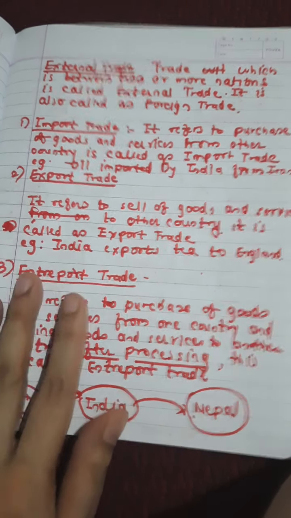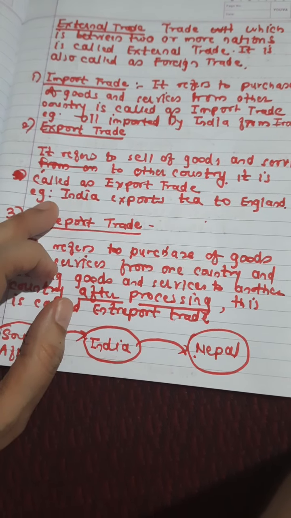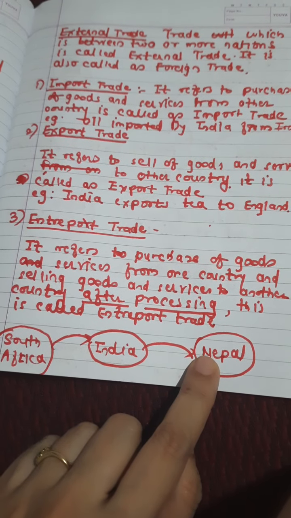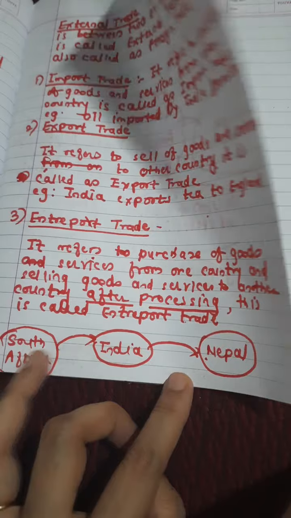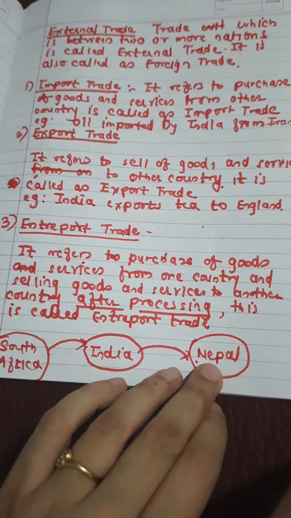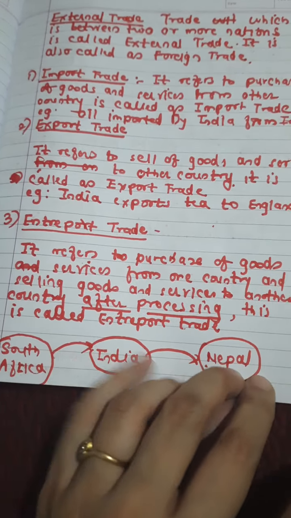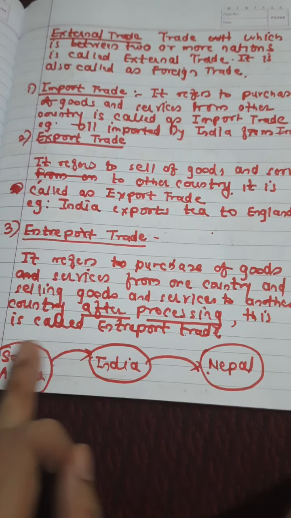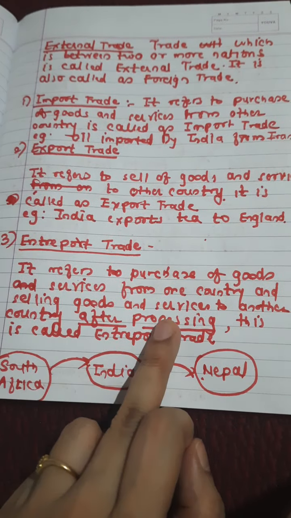Third part is entrepot trade, which is new for you. See, here I have prepared a small chart. India. Look at my arrow. India has purchased from South Africa and sold to Nepal after processing. So what is entrepot trade? It means purchase of goods from one country and sale to another country after processing.